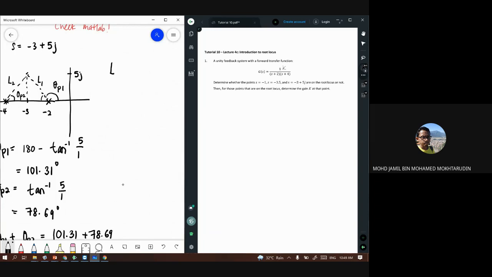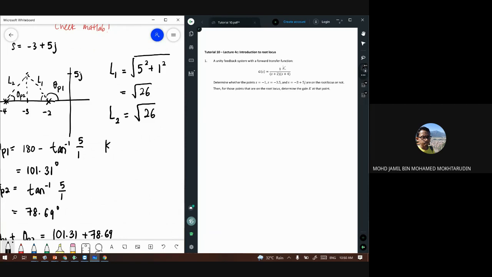So L1 equals square root of 5 squared plus 1 squared. We get square root 26. So similar to L2, also square root 26.